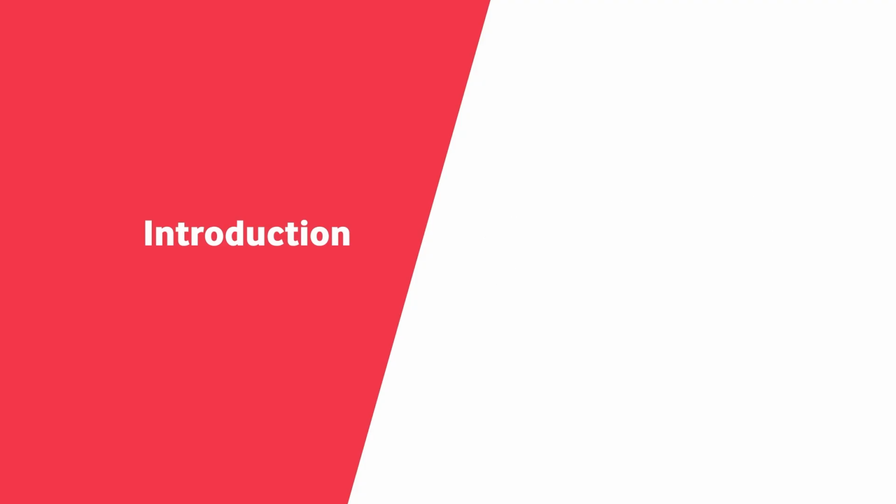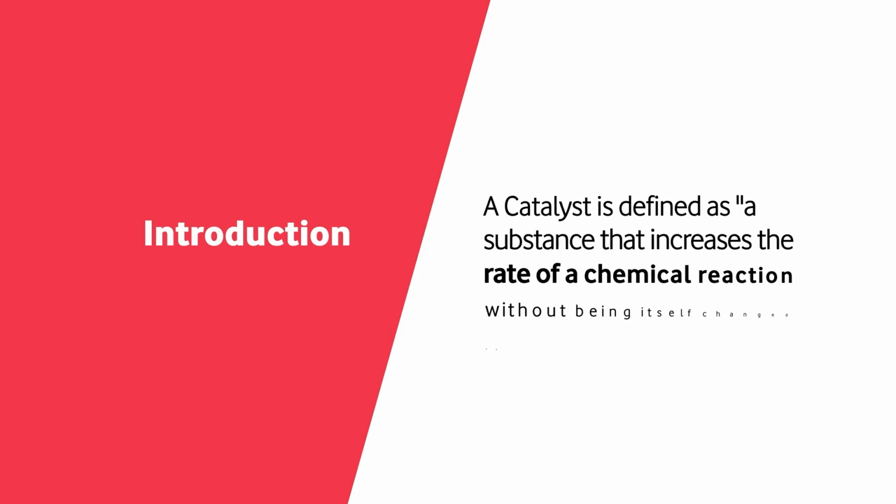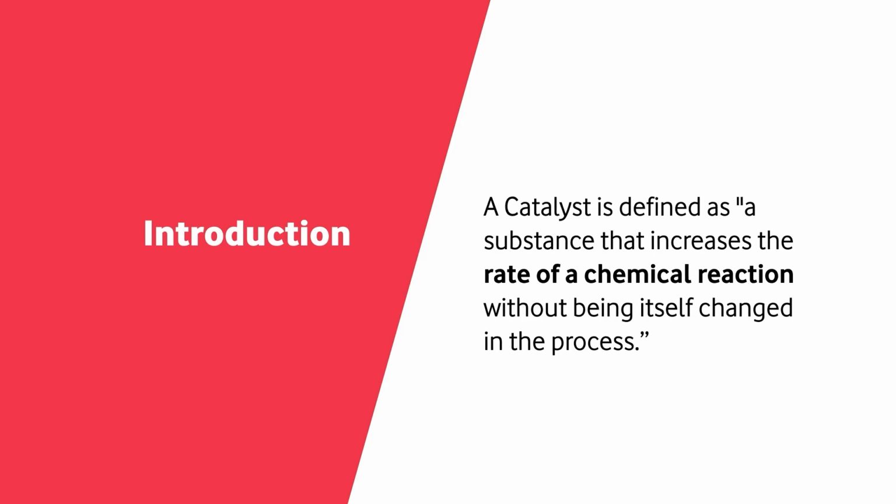We can define an enzyme as a biological polymer that catalyzes a biochemical reaction. So we can say enzymes act as a catalyst. What is a catalyst? A catalyst is any substance that increases the rate of a chemical reaction without itself being changed in the process.